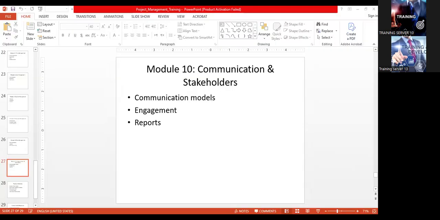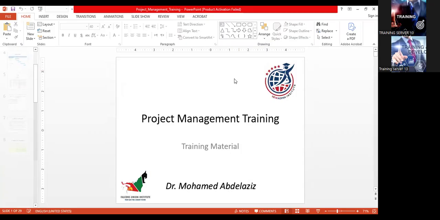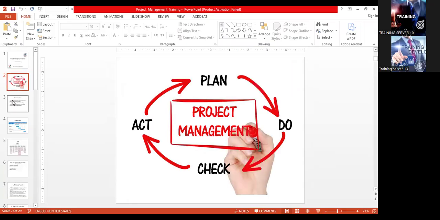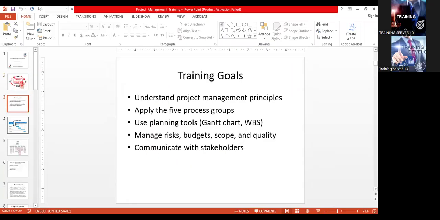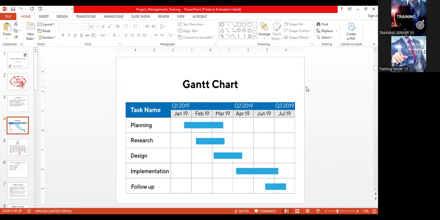As I had mentioned, here you will have an example of the Gantt chart. That Gantt chart will help us to have all of the success which we are seeking.